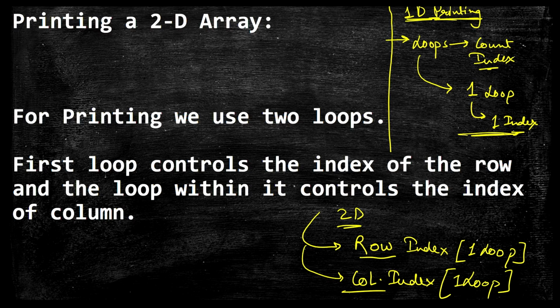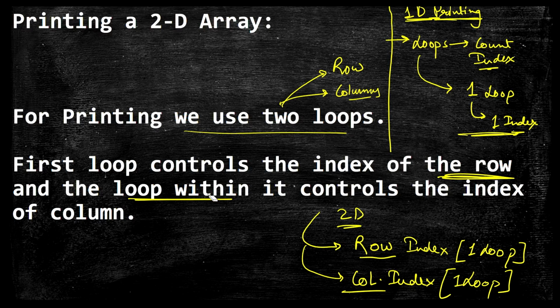So for printing, we use two loops. The first loop controls the index of the row, and the second loop, always within the row loop, controls the index of the column.